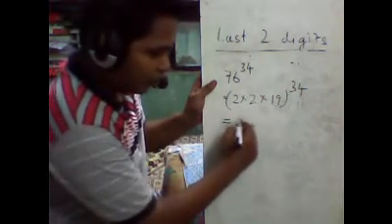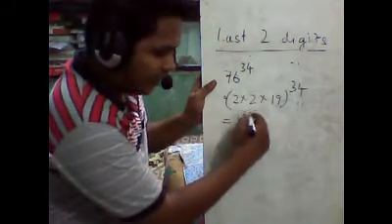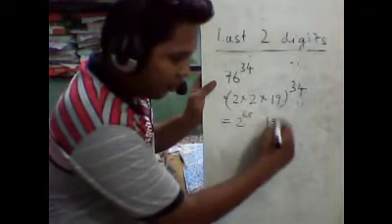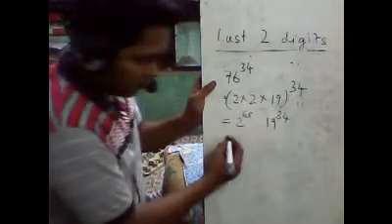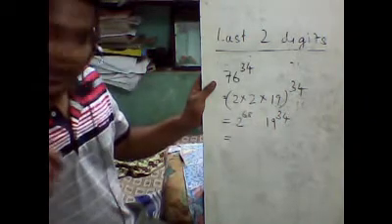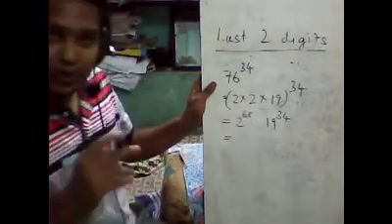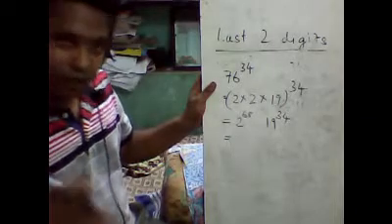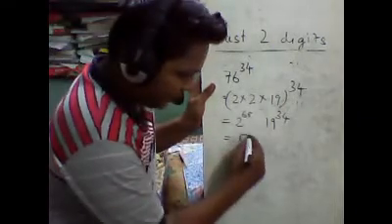This is nothing but 2 to the power of 68 into 19 to the power of 34. 2 to the power of 68 is nothing but 2 to the power of 8, which is 256, which is 56.